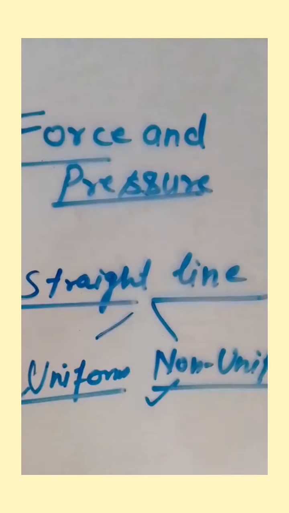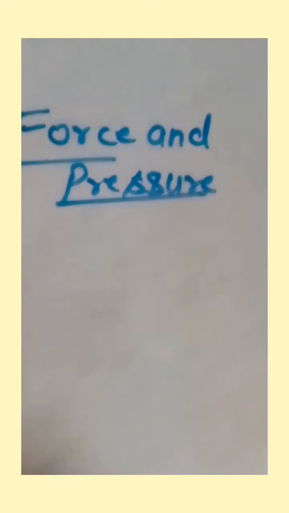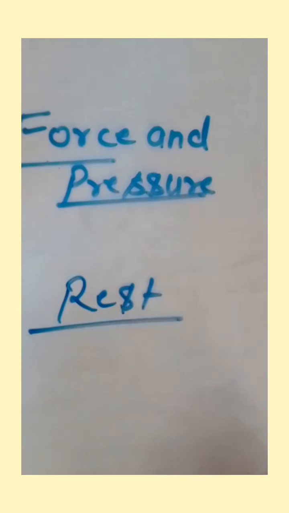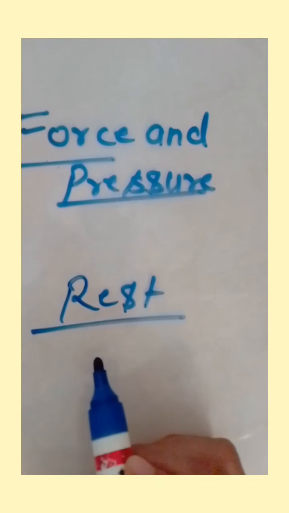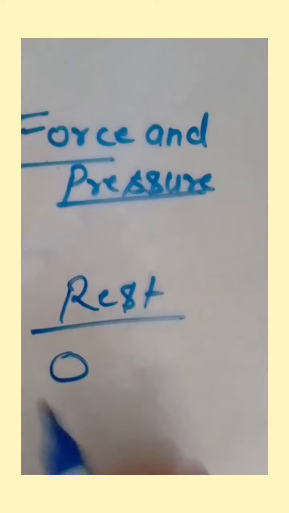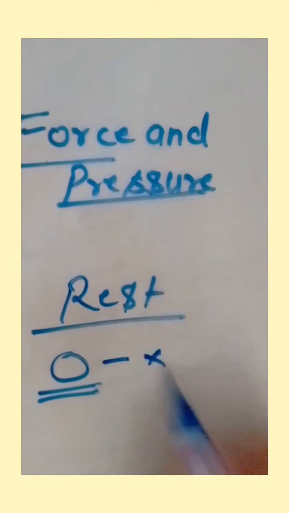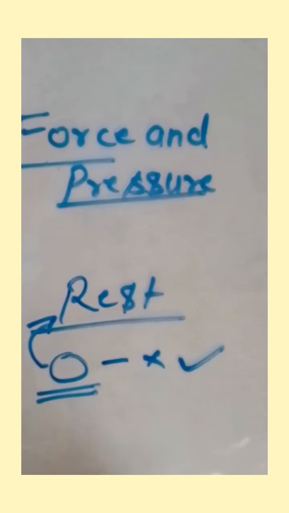Now you know about rest and motion. An object is said to be at rest when it does not change its position. For example, this is an object and it is stationary. It will not change its position. So we call such an object in rest.